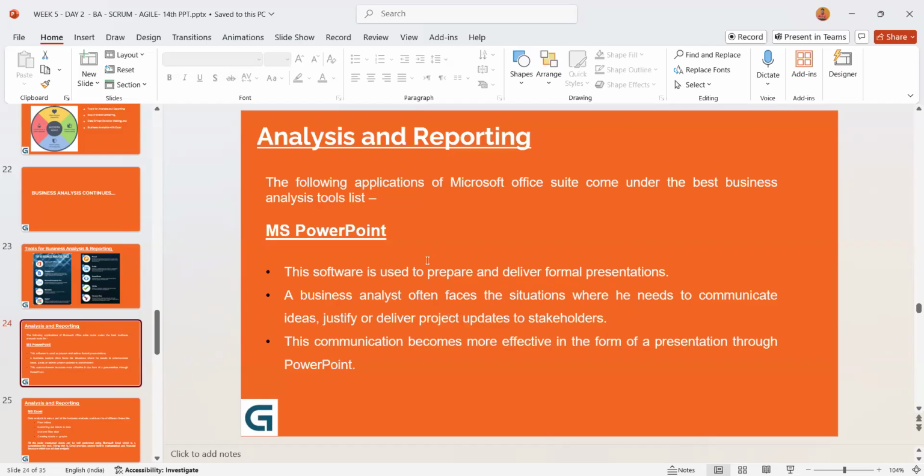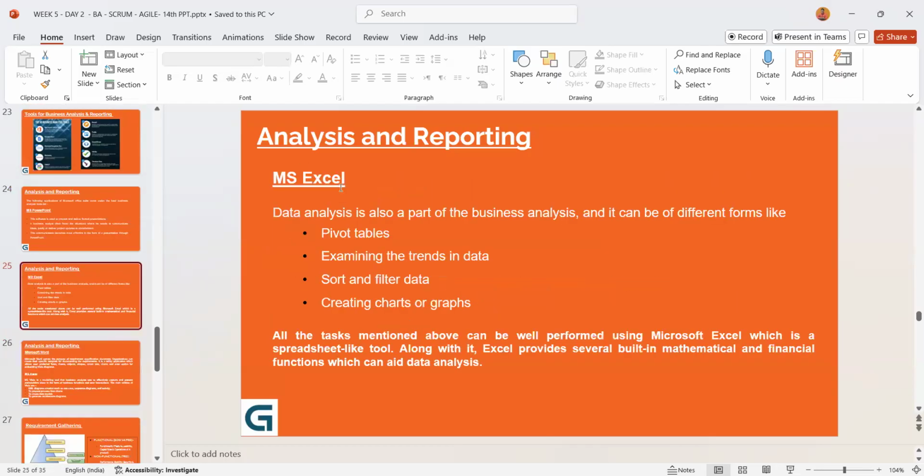You can utilize MS PowerPoint, and this communication becomes more effective in the form of pictorial representation projected through Microsoft PowerPoint. In the same league, there is another one we have just spoken about: MS Excel.